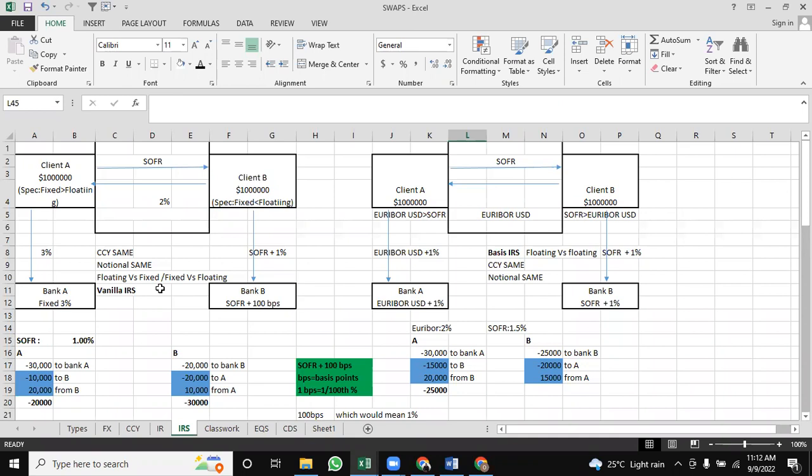Thereby I reduce my risk in case the fixed stays below the floating. So this is an example of a vanilla interest rate swap, which is fixed versus floating or floating versus fixed. We also have something called a basis interest rate swap, which is floating versus floating. Is this clear?